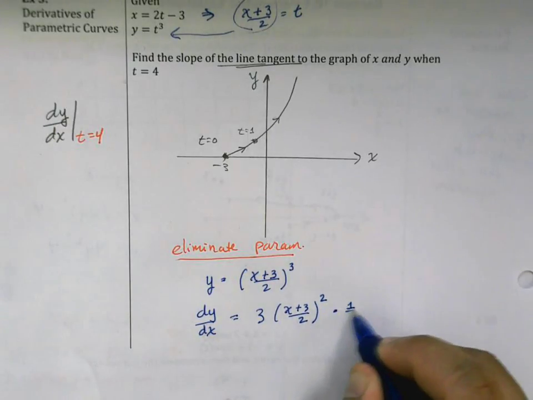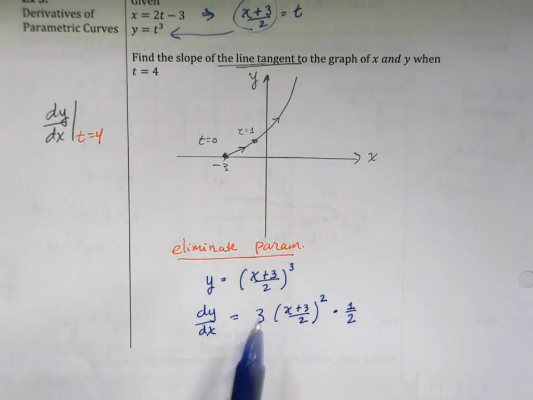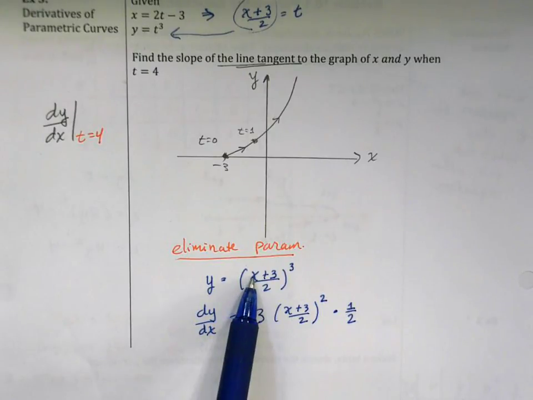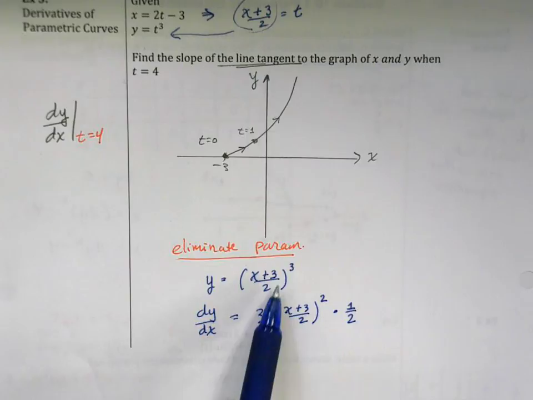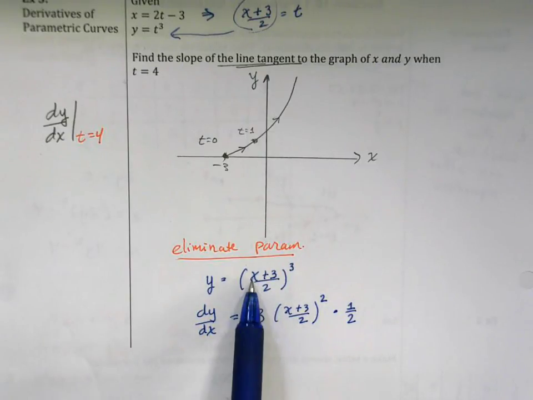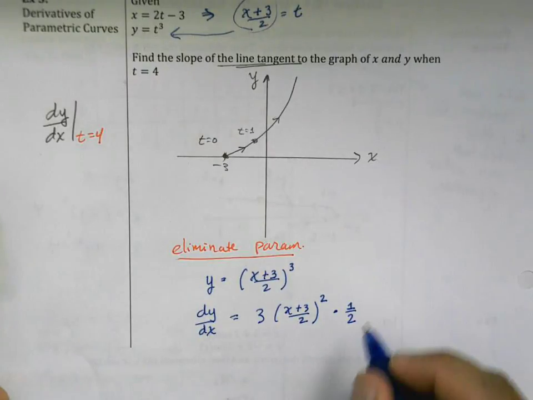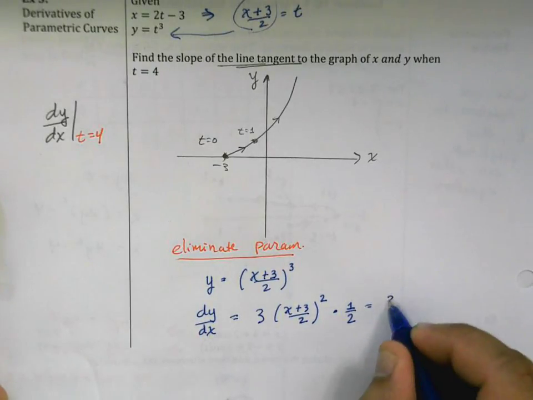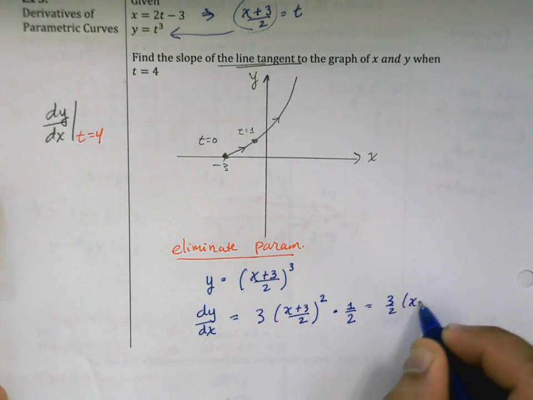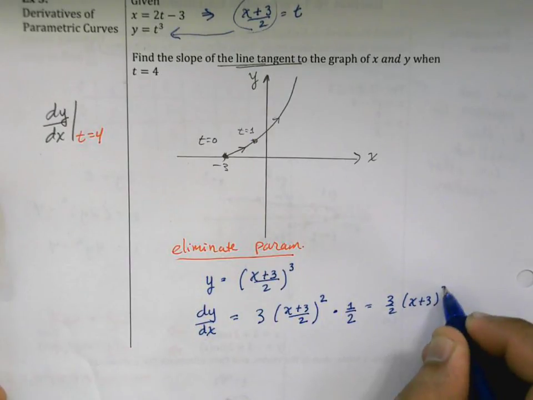Times 1/2. Almost forgot the chain rule there, because this is x over 2, so it's really x times 1/2 plus 3 times, so x over 2 plus 3 over 2. So I need to multiply by that. So let's just simplify a little bit here. This becomes (3/2) times (x plus 3) squared.